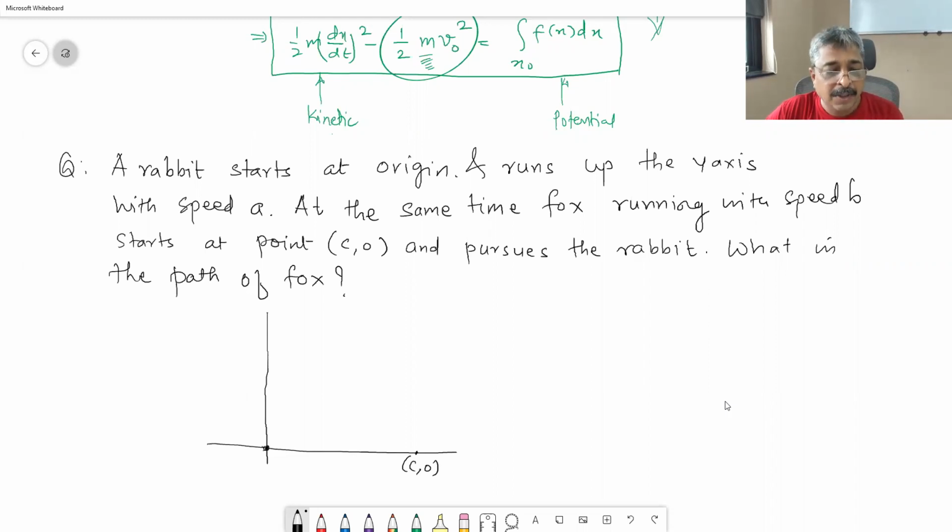So it starts running in this direction at speed a. Speed of fox is small b, speed of rabbit is small a. We will take the cases a less than b, b less than a, and a equal to b later on. But the idea is the fox is going to catch the rabbit.